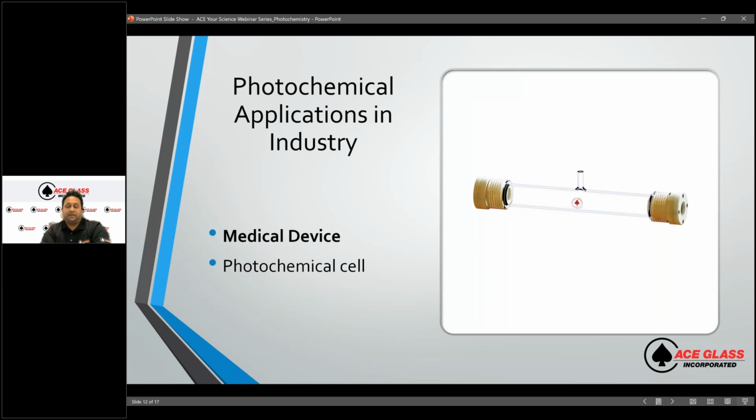Now, we have the luxury of applying these principles into medical devices. So, what we're looking at here is an individual photochemical cell. I actually have worked with companies that use this type of technology, where they're using it for sensing radiological isomers within their applications, which is really cool.